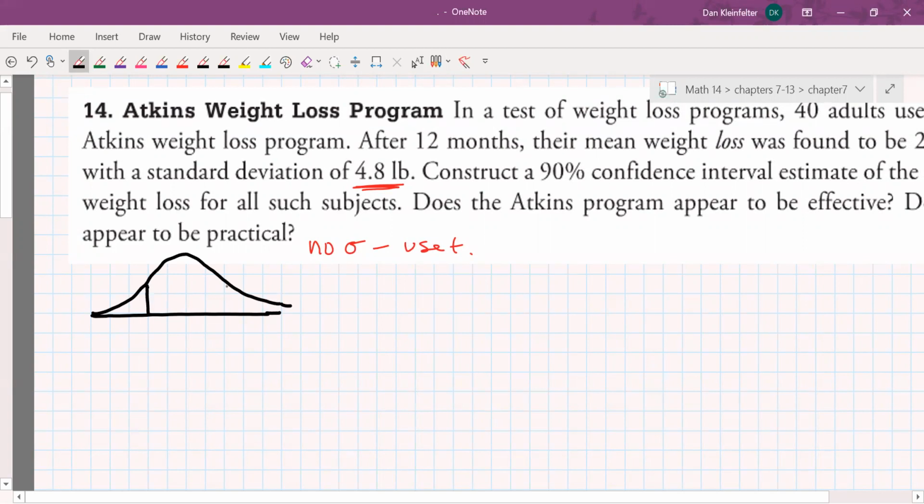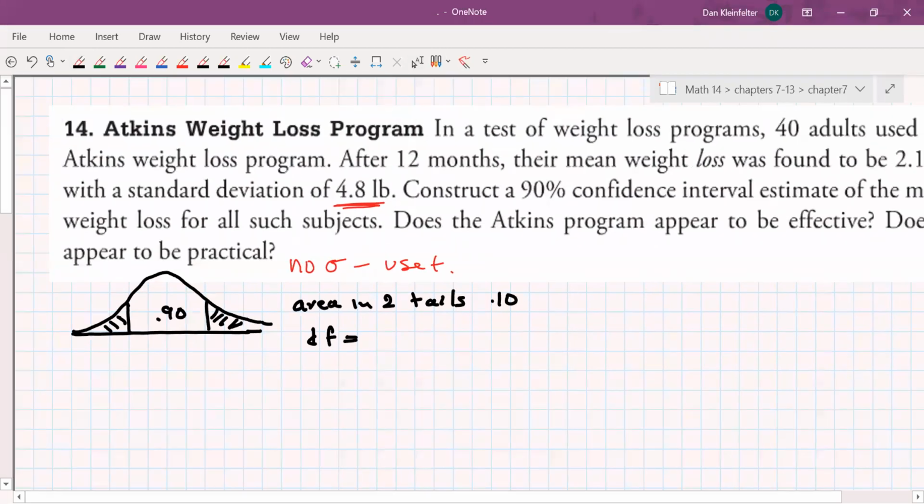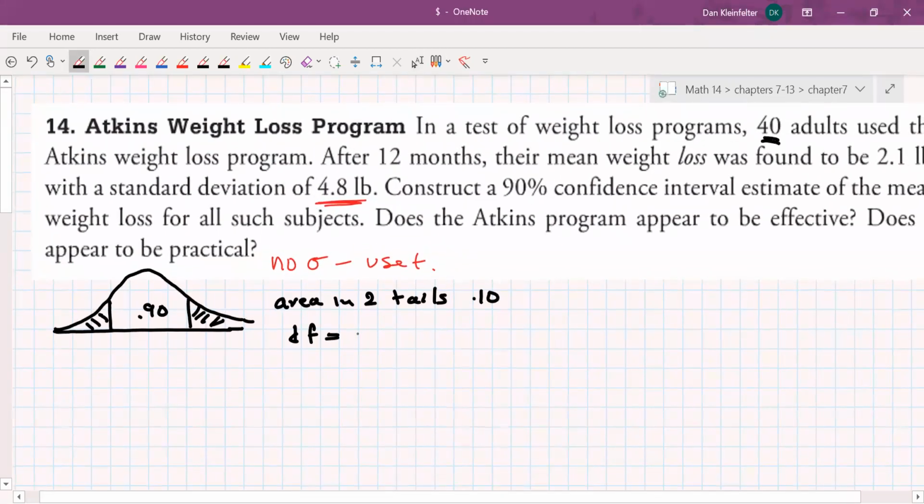We again want a 90% confidence interval. That means we'll have 0.10 as the area in the tails. And then the degrees of freedom is going to be what? There were 40 adults, so it will be 39.